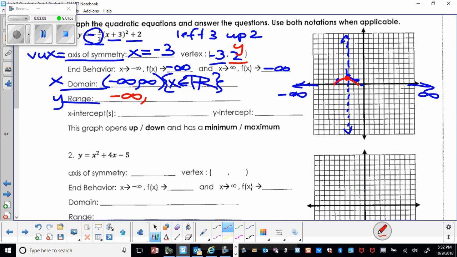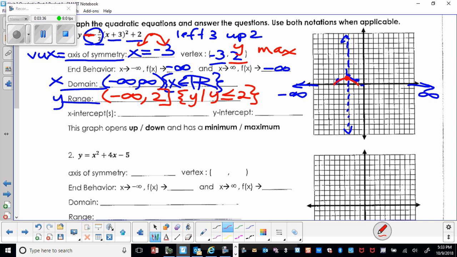All right, my vertex is a max, because of this, it's going upside down. So my vertex is a max. So it goes from negative infinity to 2. All right, 2 is the highest y, and it's a square bracket because it includes 2. And so that means my y's are going to be less than or equal to 2.